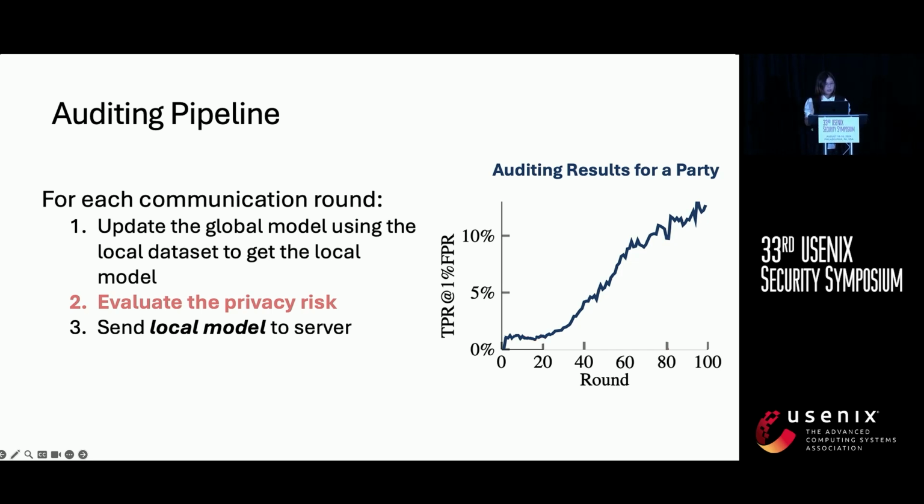The example here showing on the right illustrates what a privacy risk report may look like in federated learning process. And since our auditing algorithm can be calculated almost instantly, parties can take immediate action based on the auditing results to further enhance their privacy. For example, they may apply differentially private mechanism.